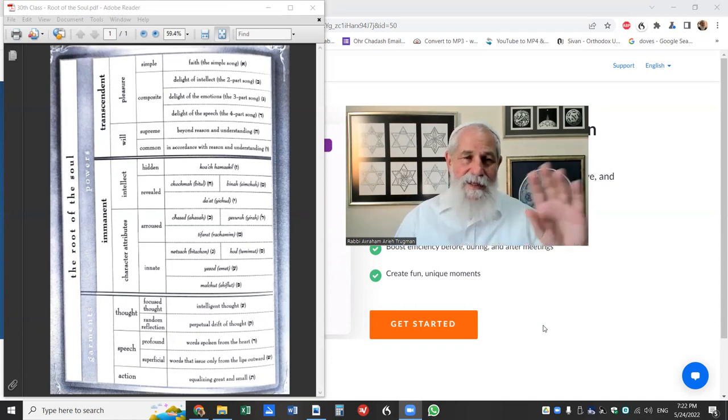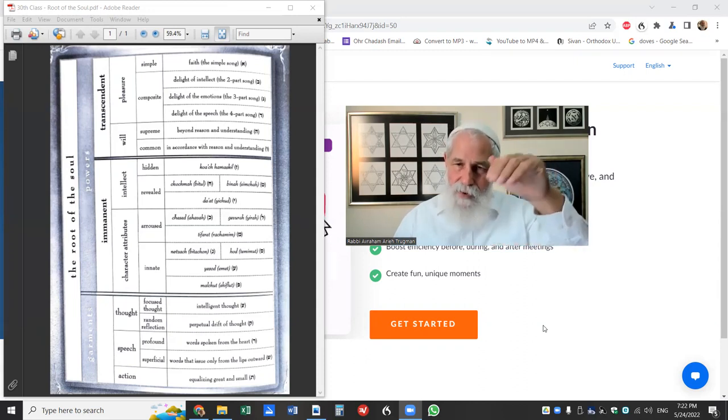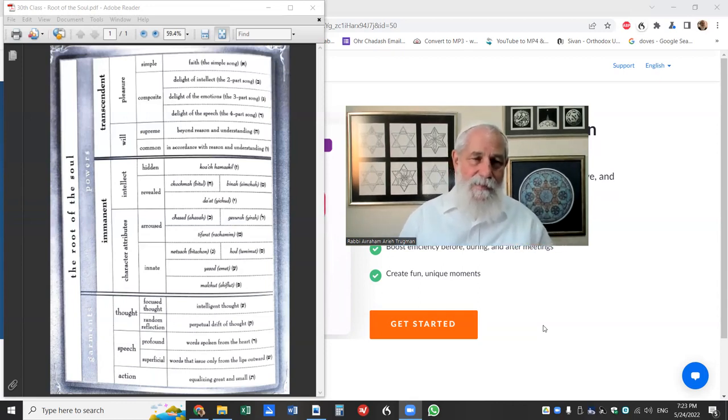That's why it's called simple pleasure, this kind of faith. But composite pleasure is a type of pleasure that's directed into the world, into reality. And there's a drive in the soul to find and express pleasure in relating to the world.